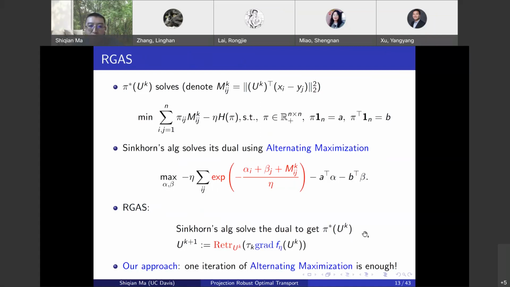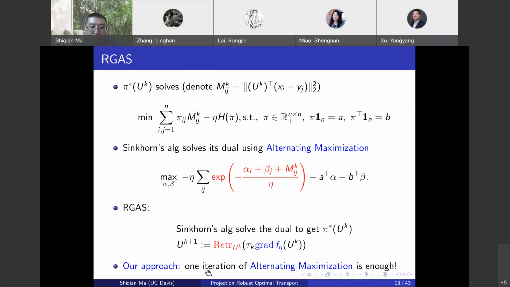Then of course you can notice that if you use this synchronous algorithm in every iteration, it is an iterative algorithm, right? You need to run many iterations until it finds the optimal solution here. It can still be very expensive, right? So our approach is based on some observation.